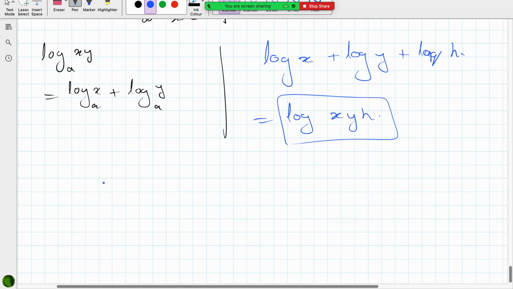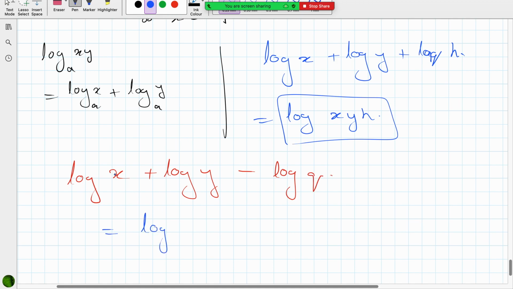And what happens when you divide them or subtract them? When you subtract them, they go for division. Log of x plus log of y minus log of q. Now what happens when you write them as a single log? Where they are added up, they multiply. Where there is a subtraction sign, they divide.